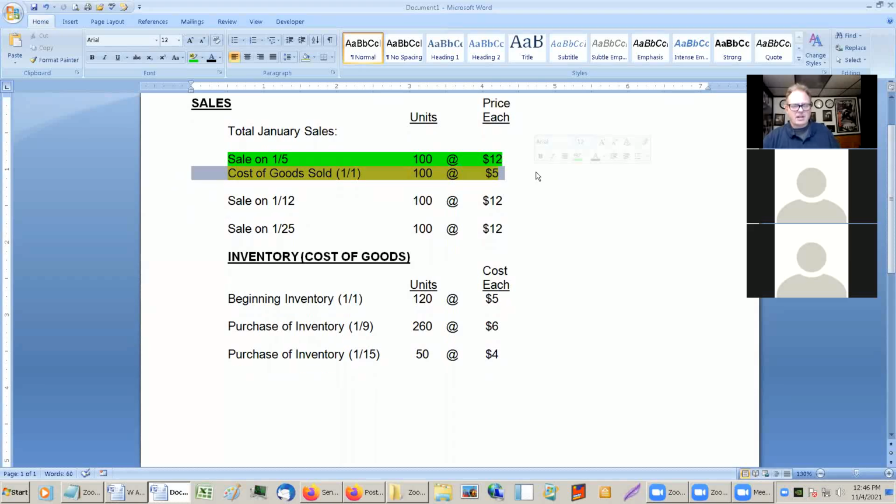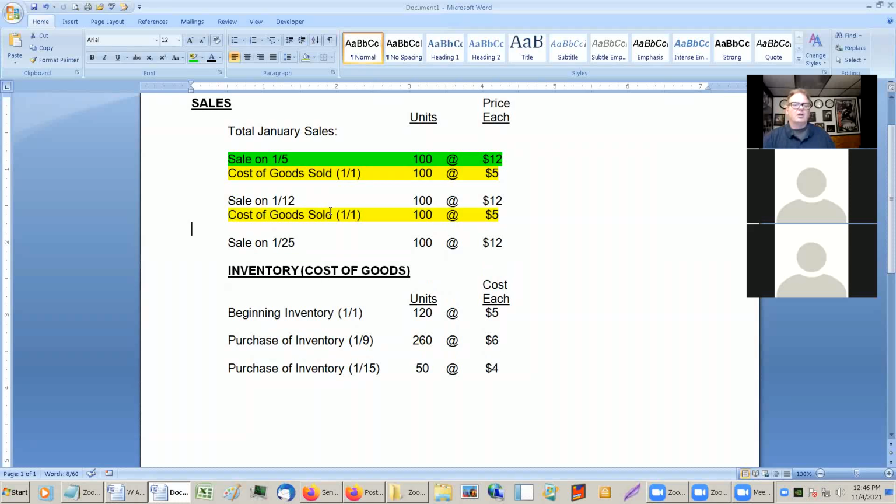So for instance, this next one will look like this. Cost of goods sold would come from the 9th. Sold 100 of them, and the cost of goods sold is $6 each.